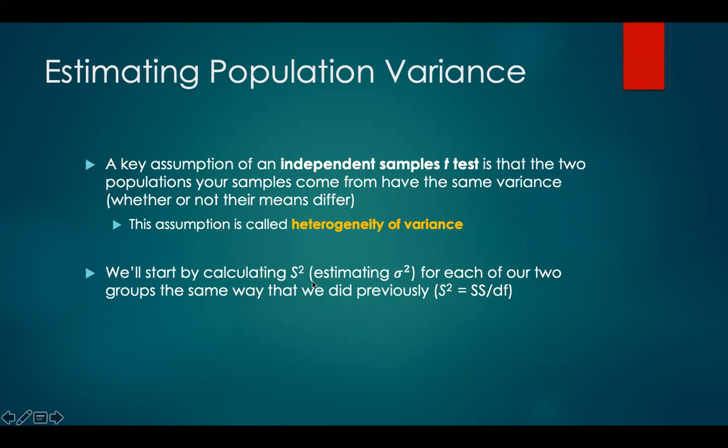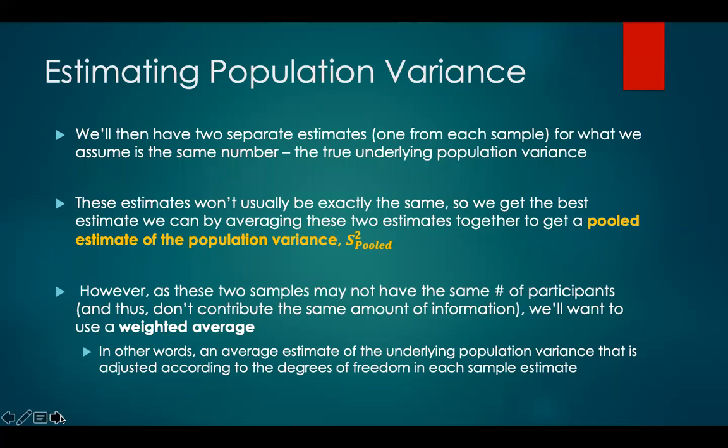We'll start by calculating s squared and estimating sigma squared for each of our two groups the same way that we did previously. S squared equals the sum of squares divided by degrees of freedom. We'll then have two separate estimates, one from each sample, for what we assume is the same number, the true underlying population variance.